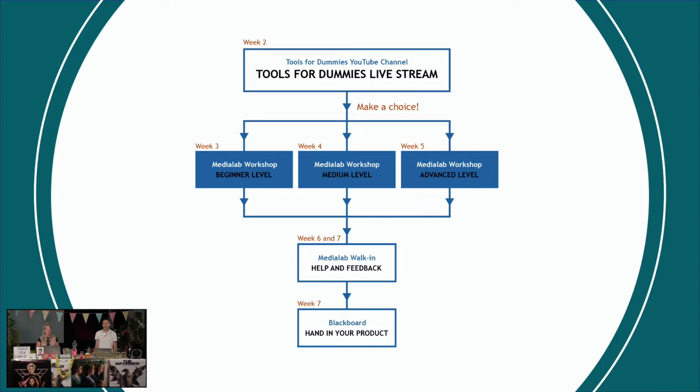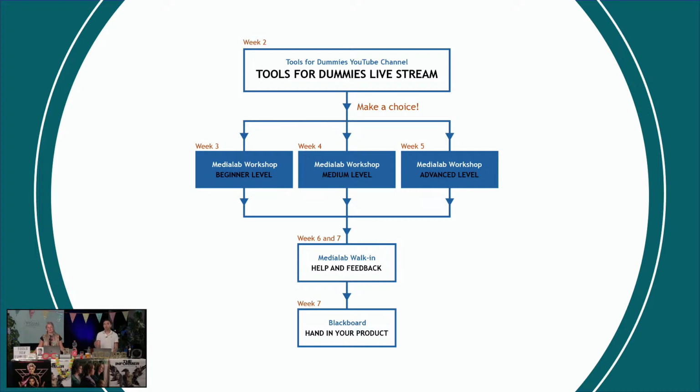It's also to give you a choice of which workshop you would like to attend in week 3, 4 or 5. In this schedule you will see that week 3 is a beginner's level workshop and 4 and 5 are medium and advanced. For 2.1 that's not the case. These workshops are actually a continuation of the things that we talk about today.